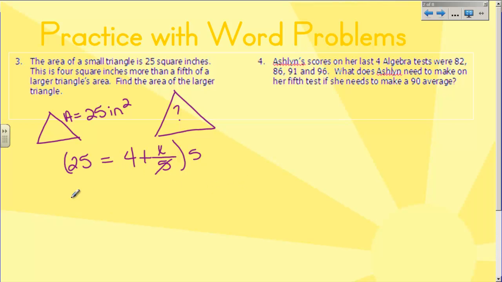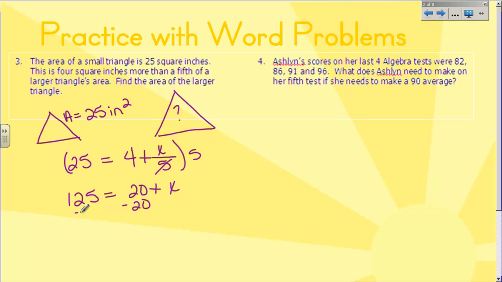Well, 25 times 5 is 125. 4 times 5 is 20. And that just stays x because those 5's cancel each other, leaving me with just the x. Now I can solve this, and it's pretty easy to solve from here. I want x by itself, so I have to get rid of the 20 by doing the opposite of what's already being done. Well, that 20 is a positive 20, so the opposite of that is a negative 20.